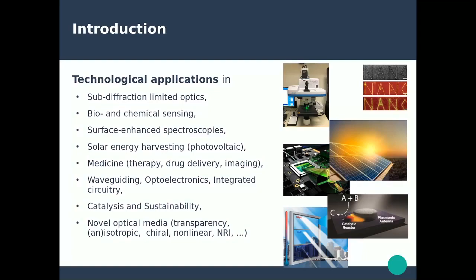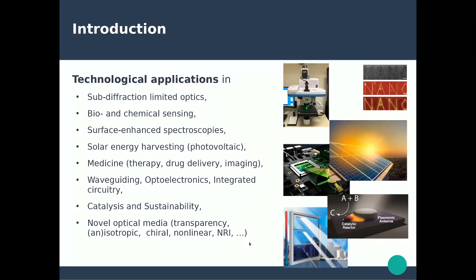Then toward more chemistry, catalysis, and in general the concept of sustainability have exploded over the recent years, thanks to the development of new plasmonic materials, and of course the development of new optical media and materials that can be used for any type of applications, from new screens to smart windows.